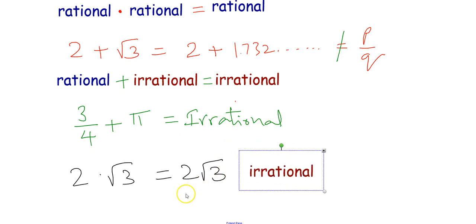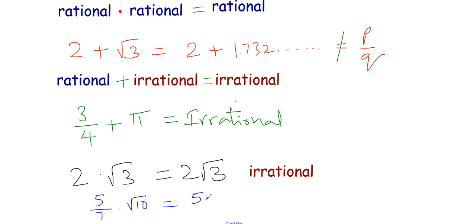So, similarly, if you multiply a fractional number, let me multiply 5/7 times square root of 10. This square root of 10 has nothing to do with the 5. You can just write 5 times square root of 10 divided by 7. If you want, you can put a 1 here. 5 times square root of 10 over 7, it's irrational.